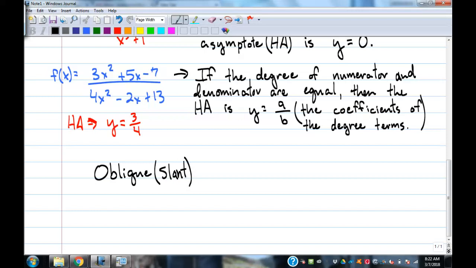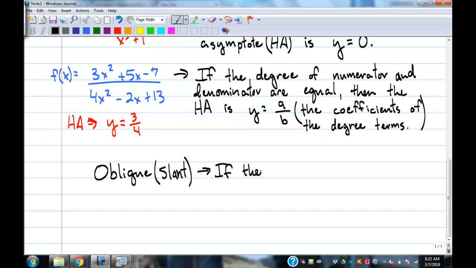When I was in high school, we called it slant. But the new word that they try to use here is oblique. It means it's slanted. We have vertical asymptotes, we have horizontal asymptotes. Oblique asymptotes go at an angle. And they're straight lines. So oblique asymptotes are lines.